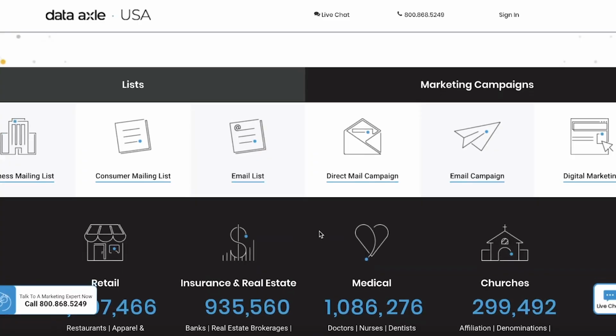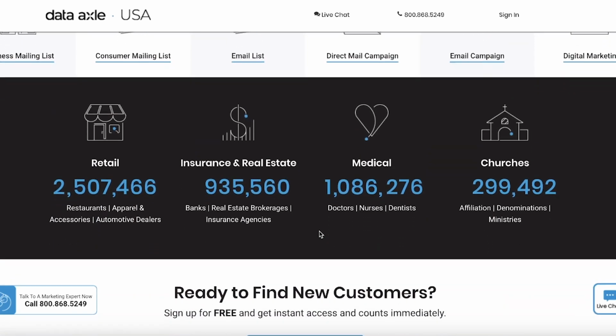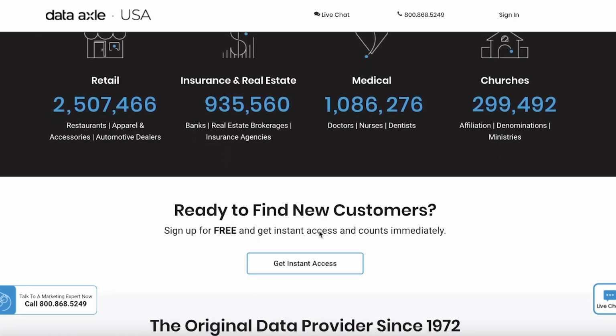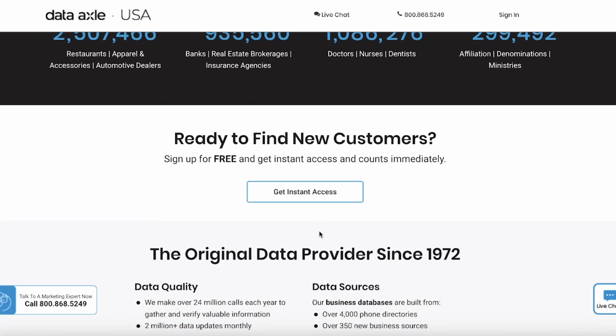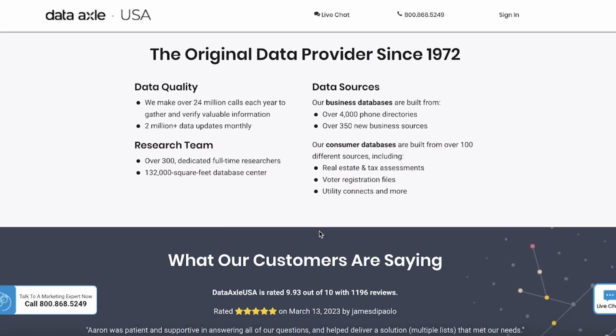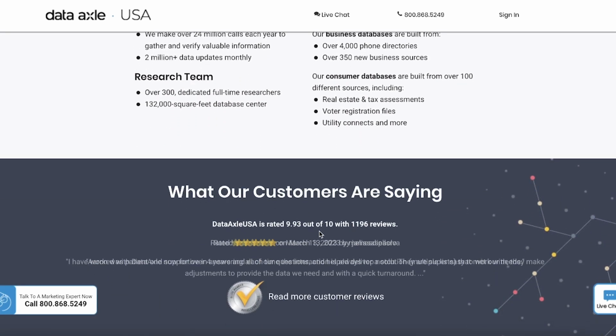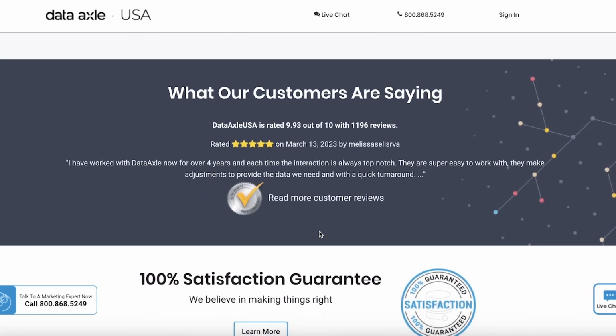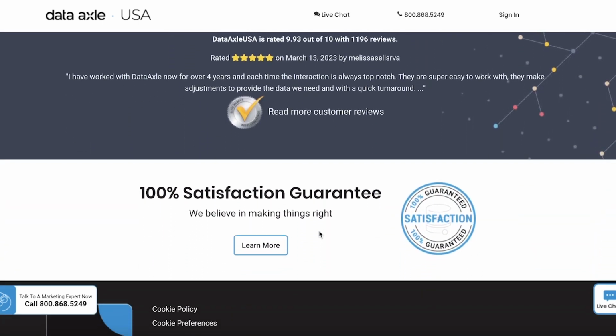A good way to know if you have enough facilities in your market is you can go to dataaxleusa.com. I have no affiliation with them. It's just what I use in order to evaluate niches and pick which ones I wanted to do, and see an approximate size of the total addressable market in my area.